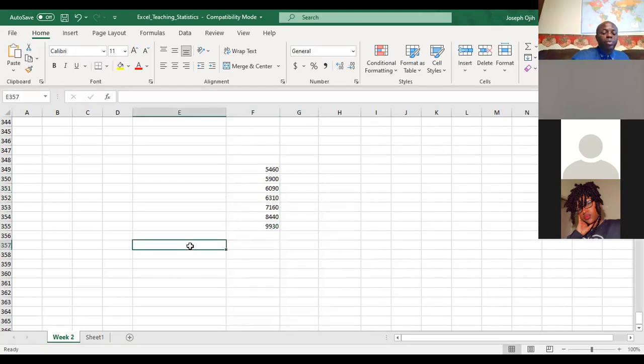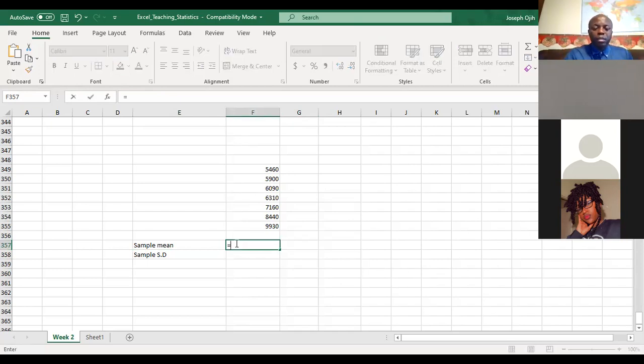Now we have our sample mean, and then we need to get our sample standard deviation, s.